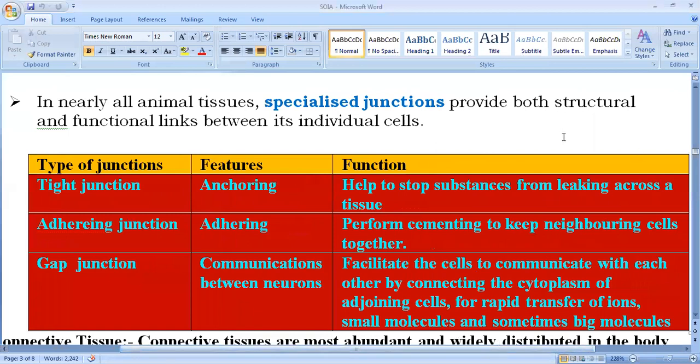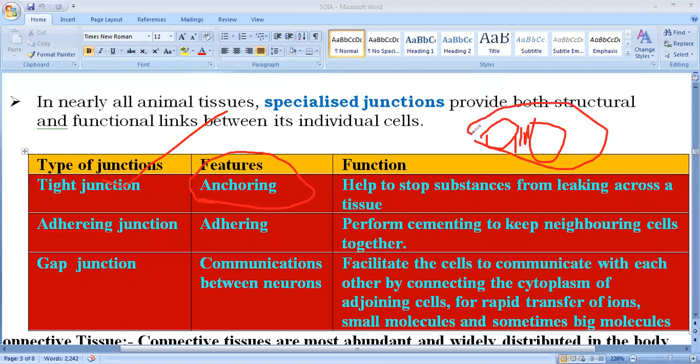Here you can see, this tight junction is also known as the anchoring junction. Suppose these cells and these cells are tightly packed, tightly attached with such a type of junction. This is known as the tight junction.